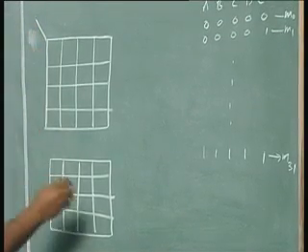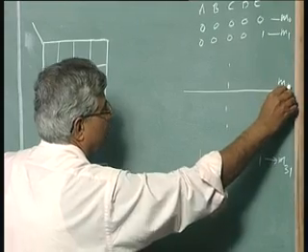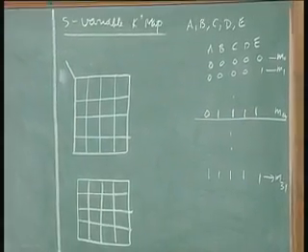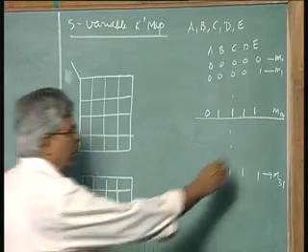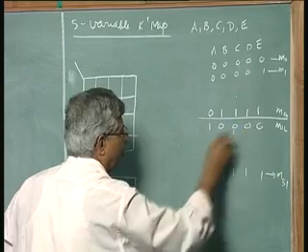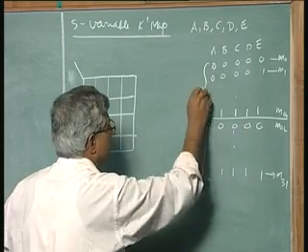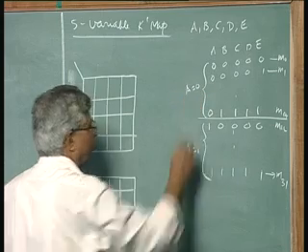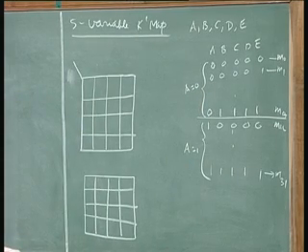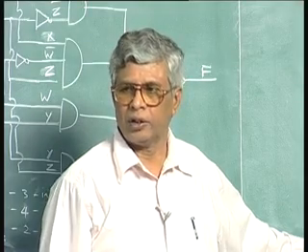You leave the A out because first 16 entries of this truth table, M15 would be 0, 1, 1, 1, 1, M16 would be 1, 0, 0, 0, 0. So, these entries will have A is equal to 1, these entries will have A is equal to 0. Is it not? First 16 entries of the truth table will have A is equal to 0, second 16 entries will have A is equal to 1.